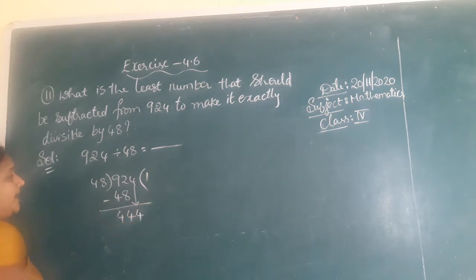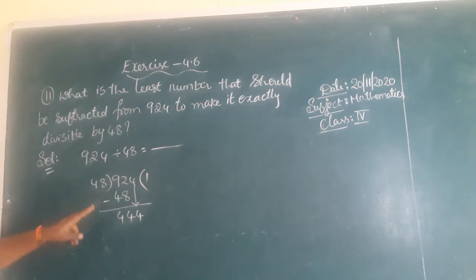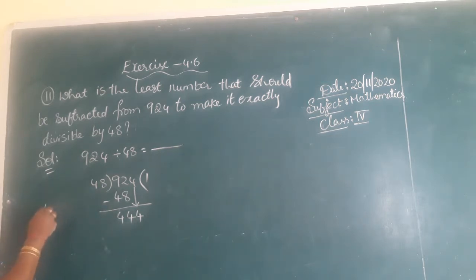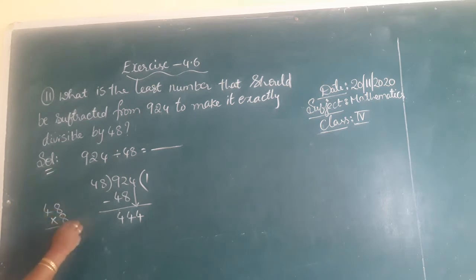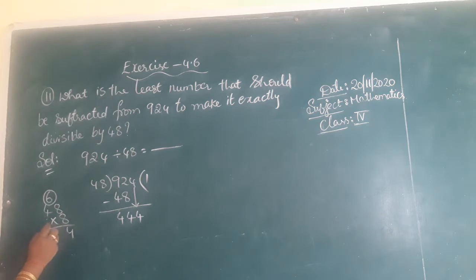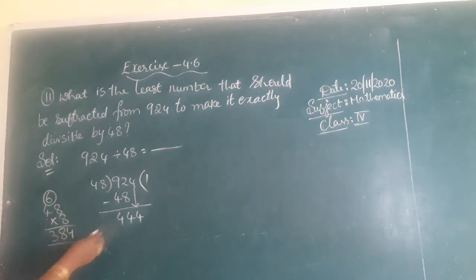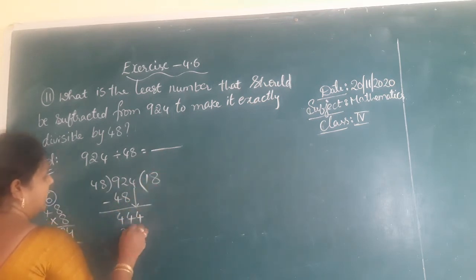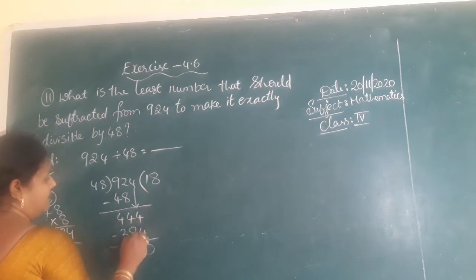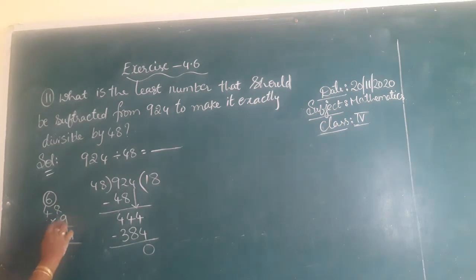Drop down 4, 444. 48 is nearer to 450. 8 times, 8 eights are 64, 8 sixes are 48 plus 6 is 54... 384. Remainder 444 minus 384 is 60. 9 times it is possible.